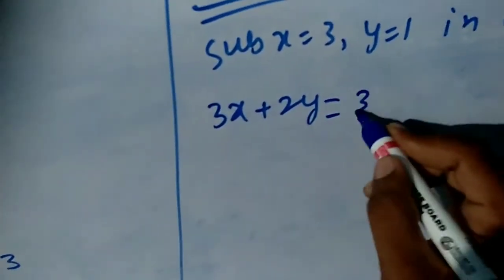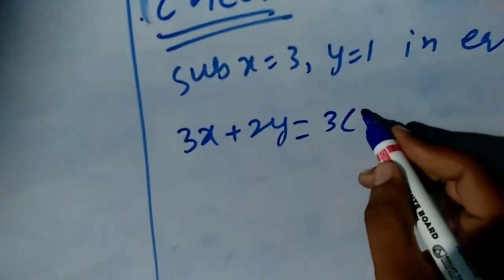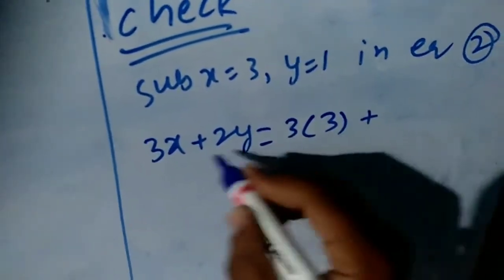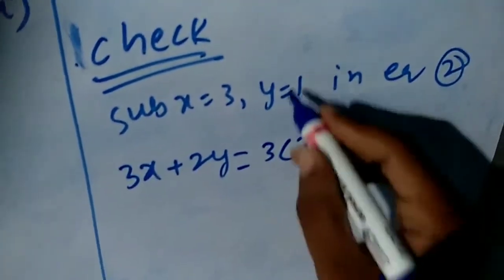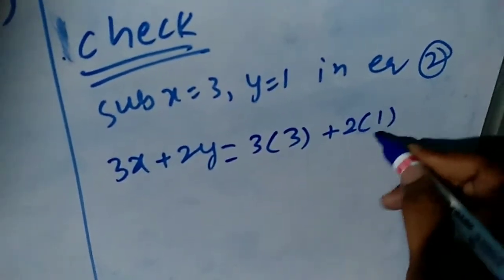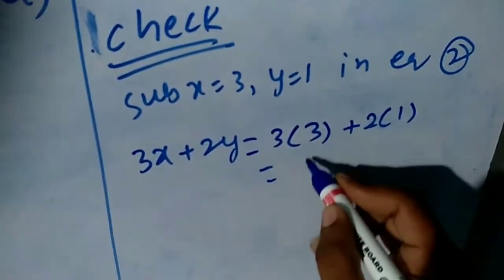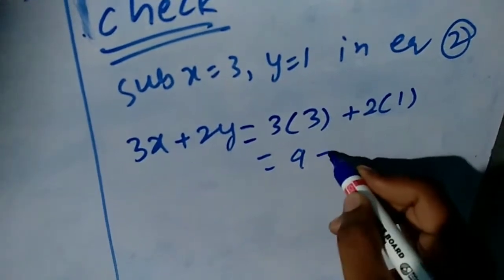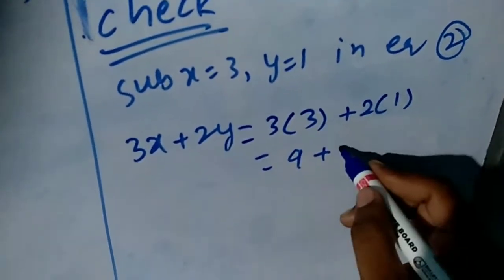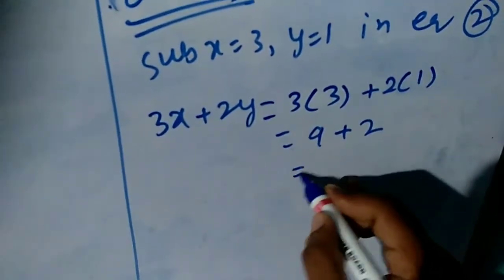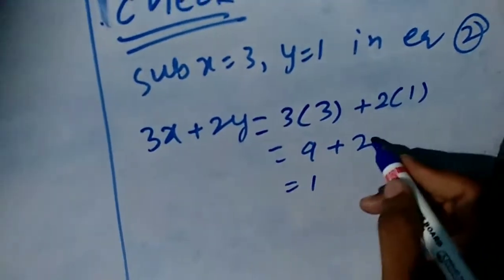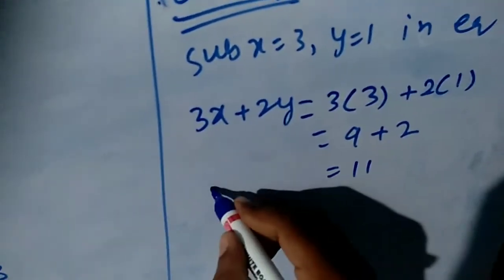So 3 into the x value, which is 3, plus 2 into the y value, which is 1. 3 threes are 9, plus 2 ones are 2, is equal to 9 plus 2. 9 plus 2 is 11.